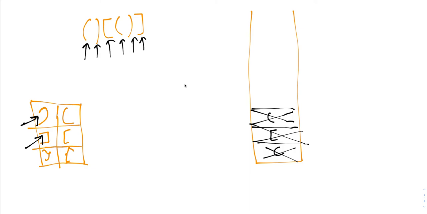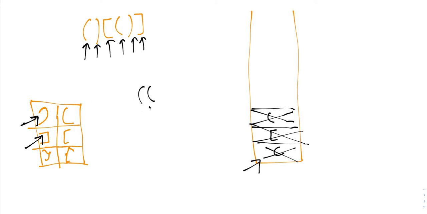But actually, there is one more check we need to do. We need to make sure that, after looping through my string, the stack is in fact empty. And that's the case for us. I'm just going to give you a special example where we could have a stack that is not empty.